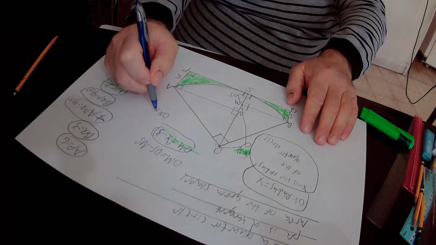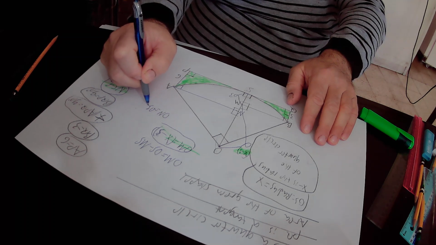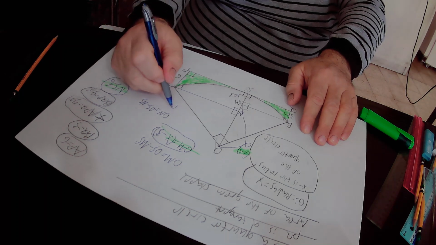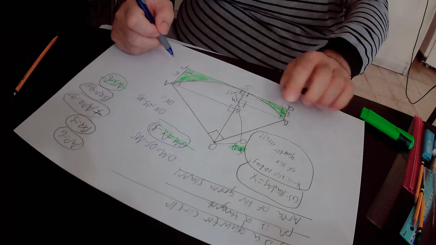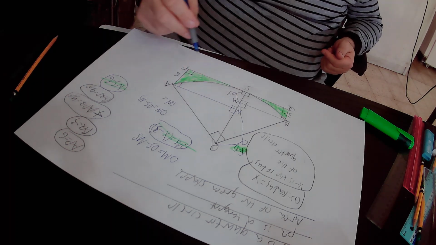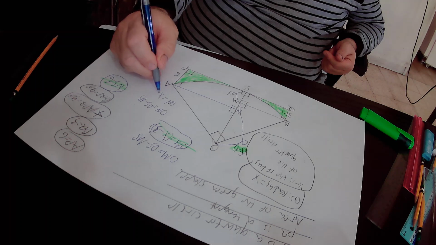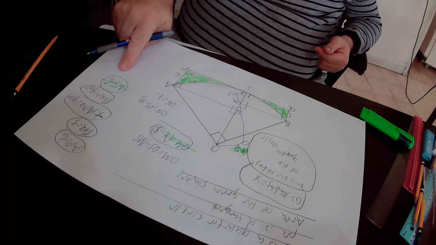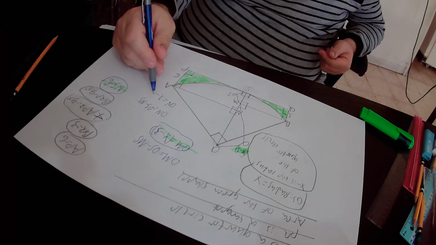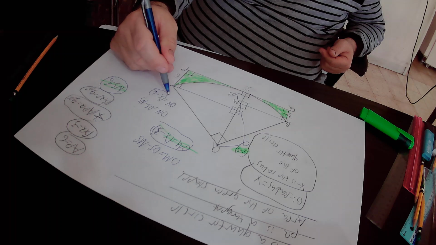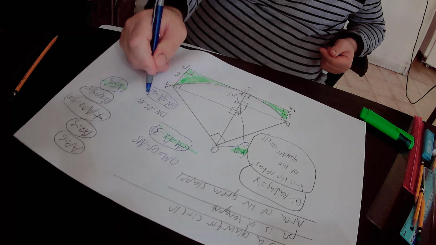ON equals OS minus NS. OS is the radius of the concentric circle that is equal to X, minus NS. We already found out that NS equals 6. So in conclusion, the length of line segment ON is equal to X minus 6.